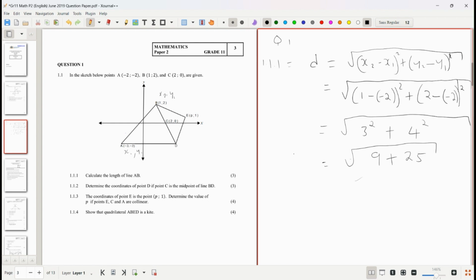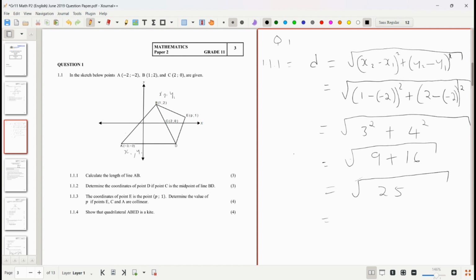Sorry about that. 4 squared is 16. And then we need to add 9 and 16. What is that? It's 25.